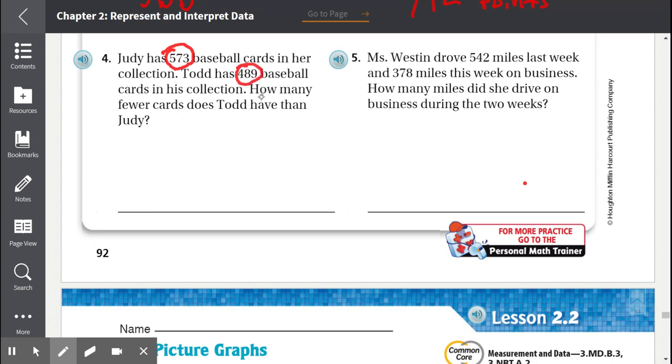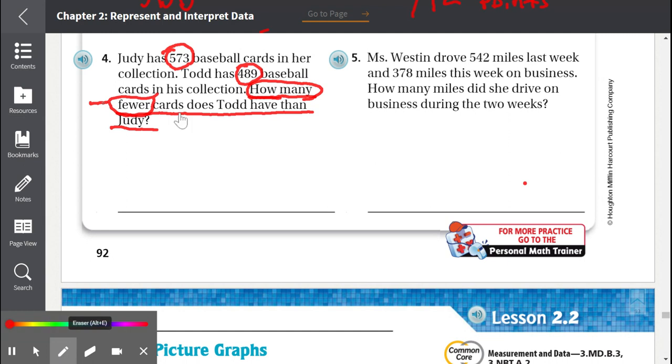We always underline our question because it tells us what to do. Now we see the words how many fewer. How many fewer lets us know we are going to be subtracting. So I put a subtraction sign next to how many fewer.